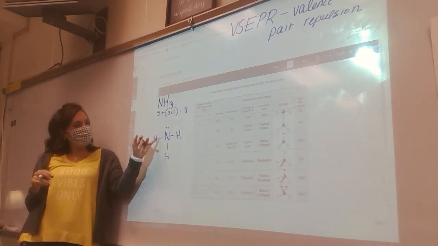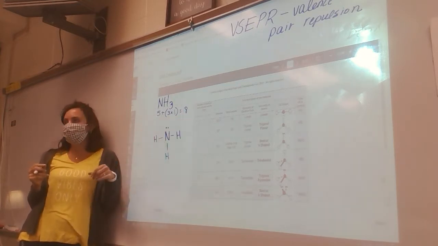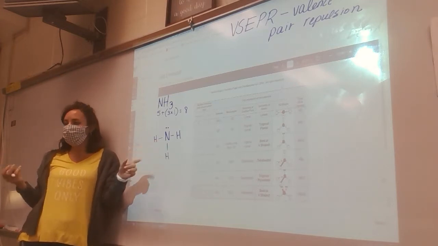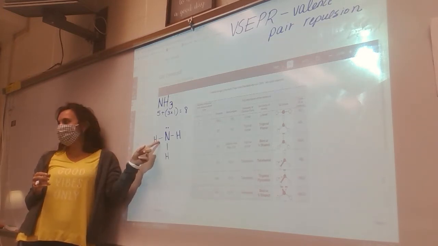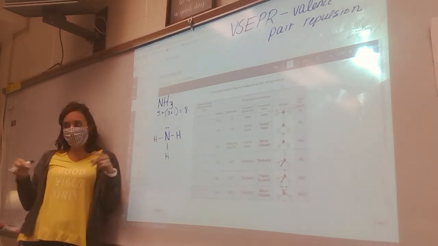We have 2, 4, 6, 8 electrons, and all of them have a full octet. Hydrogen doesn't necessarily have an octet, but it has a full outer energy level with 2. Hydrogen only gets 2 electrons to fill its energy level because it only has 1 energy level, and that first one only holds 2 electrons.